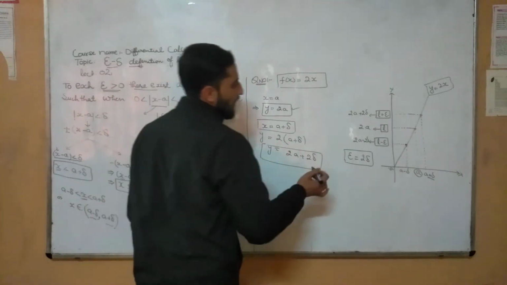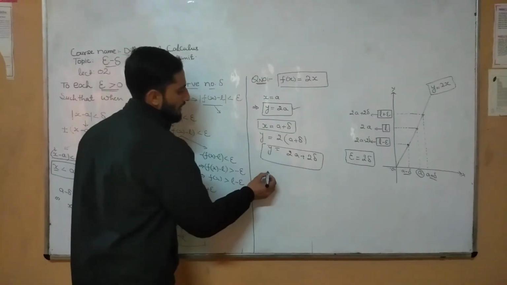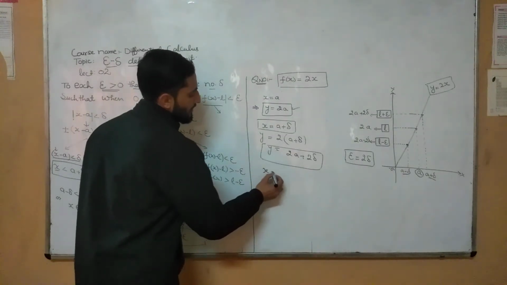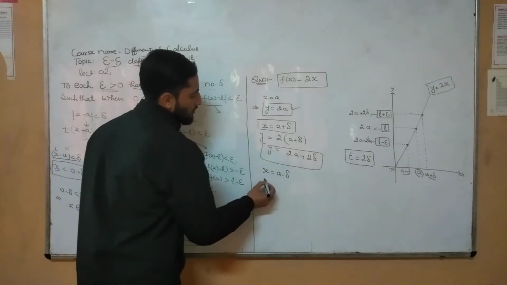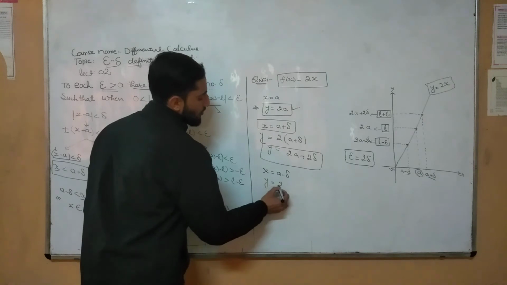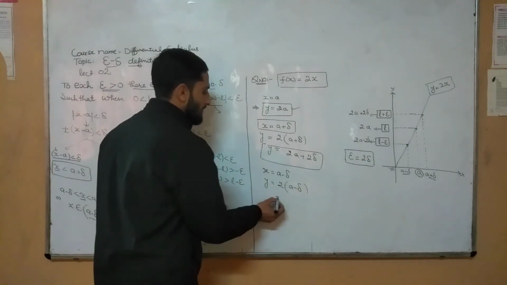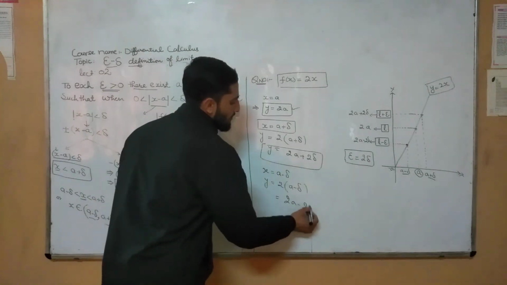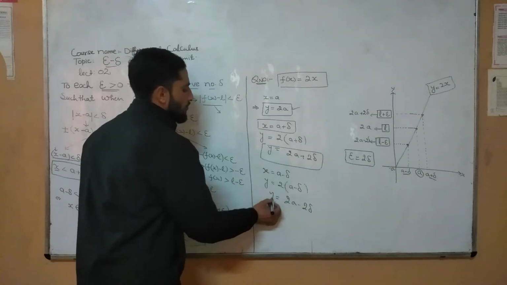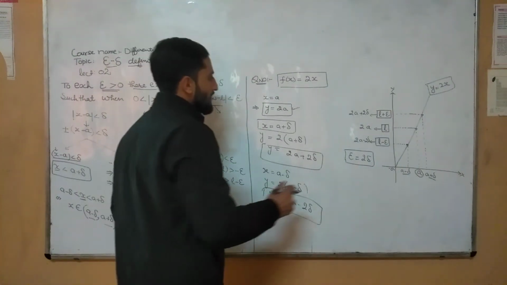Now for a minus delta, as the value of x, we take a minus delta, so we get y is equal to twice of a minus delta. That is, twice of a minus twice of delta, we get y. So we write here L plus epsilon.